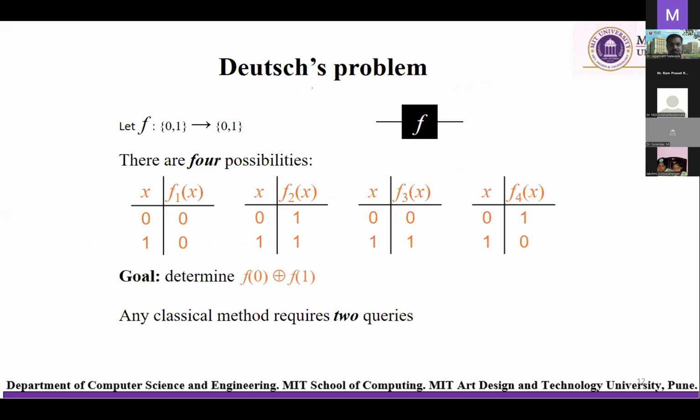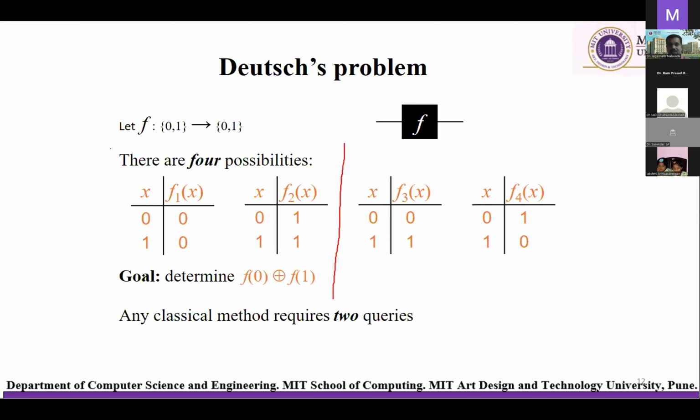He defined that there are two bits, 0 and 1, and if we pass these two bits to any system, then we have to identify whether that particular system is constant, or it is balanced.